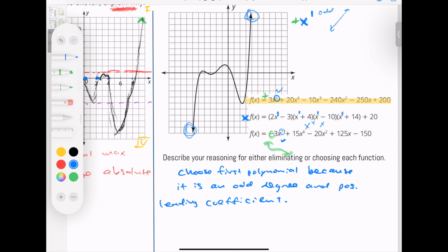I guess that last part should be in green, because that's what I annotated.